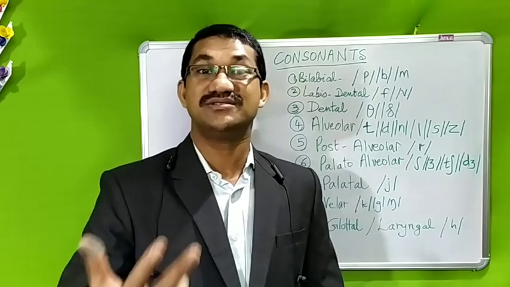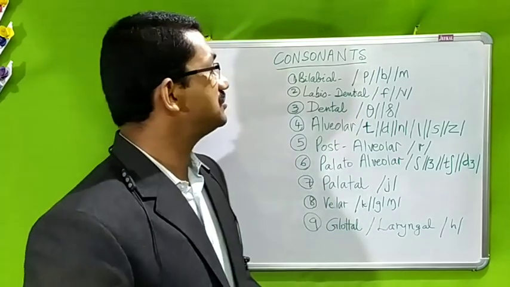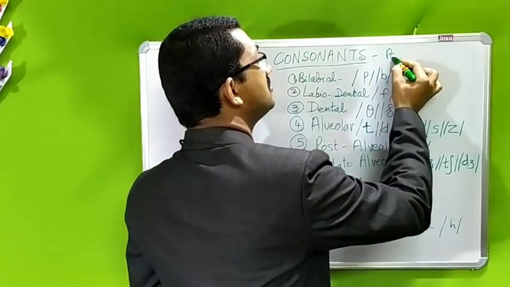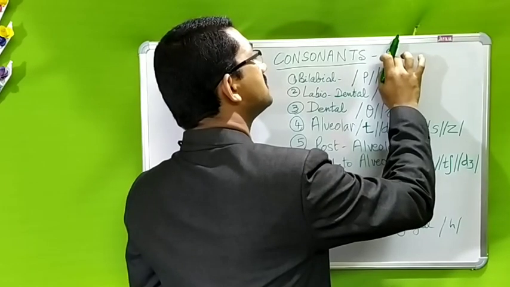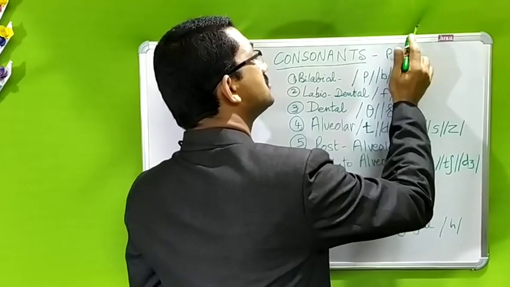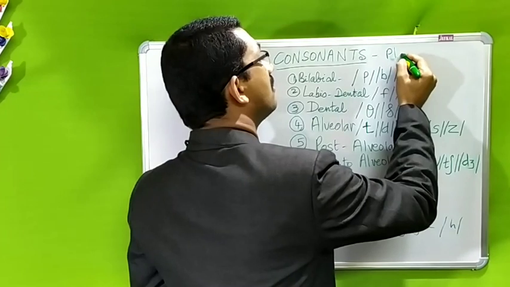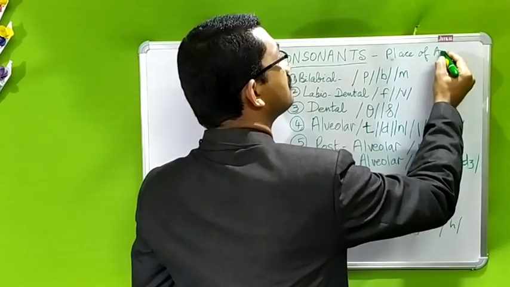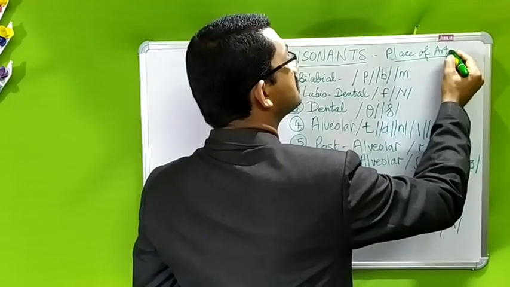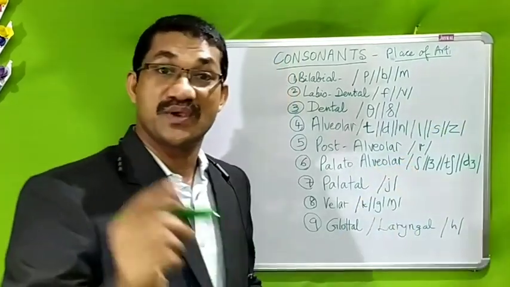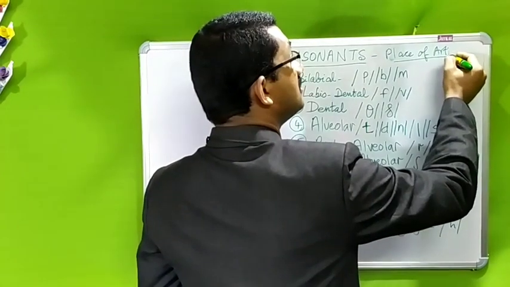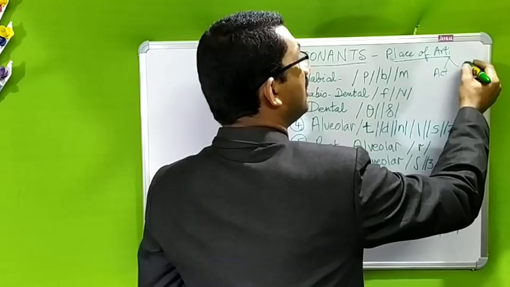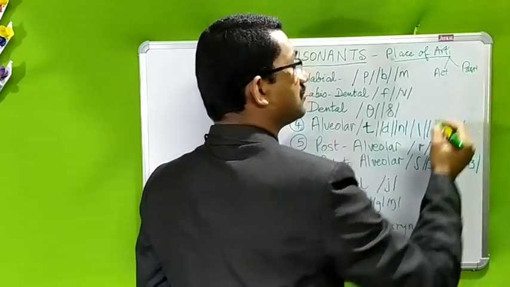When we say place of articulation, we have to consider the active articulator and the passive articulator. We have to keep in mind the two articulators, the active articulator and the passive articulator.